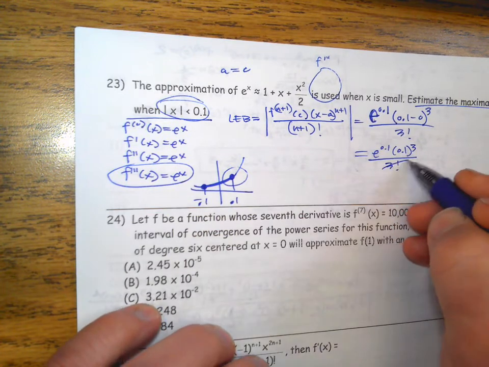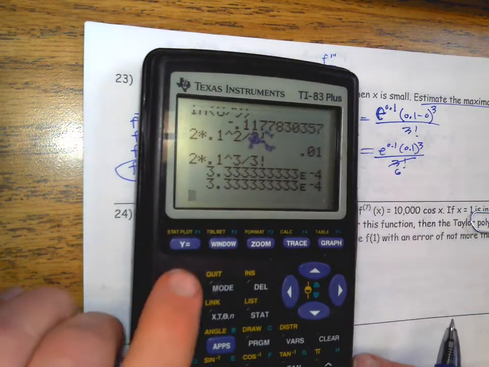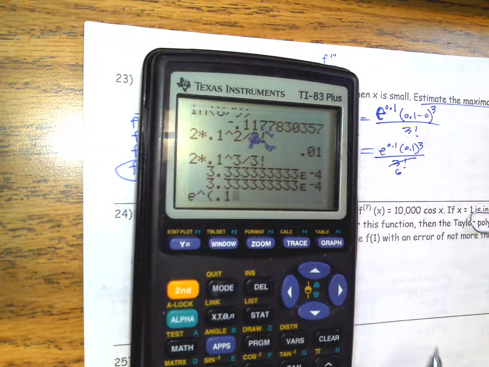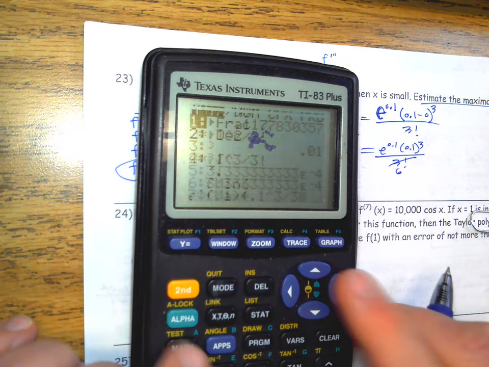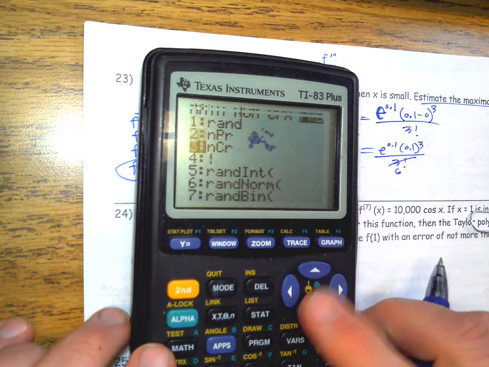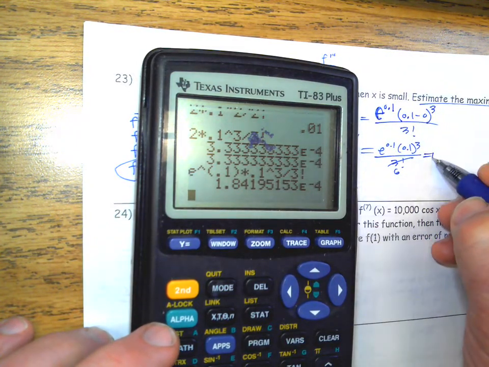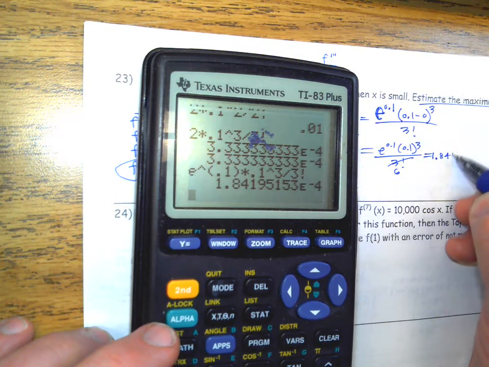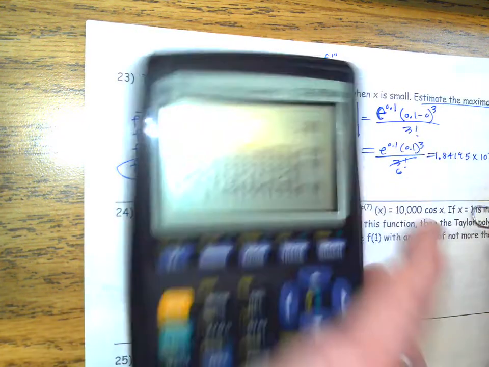This is 6, by the way, or you could do it all on your calculator. It's up to you. Okay. So if we do that, we can say e to the 0.1 times 0.1 to the third divided by 3 factorial if you want. And we get 1.84195 times 10 to the negative fourth, in scientific notation.